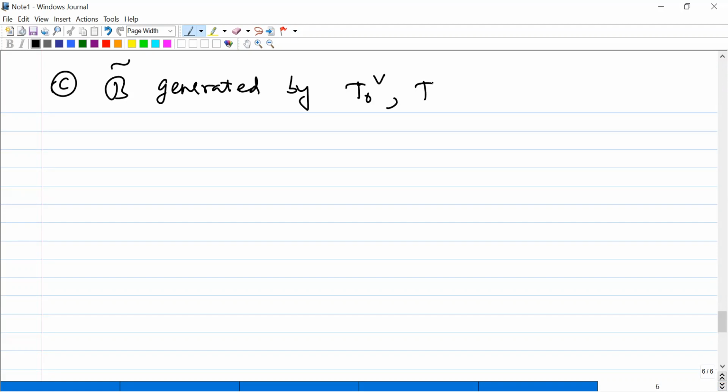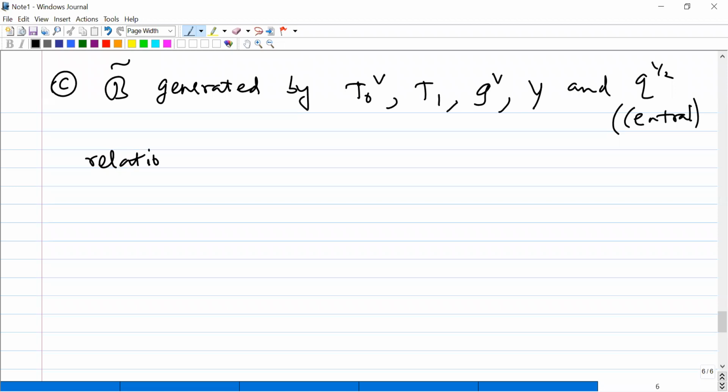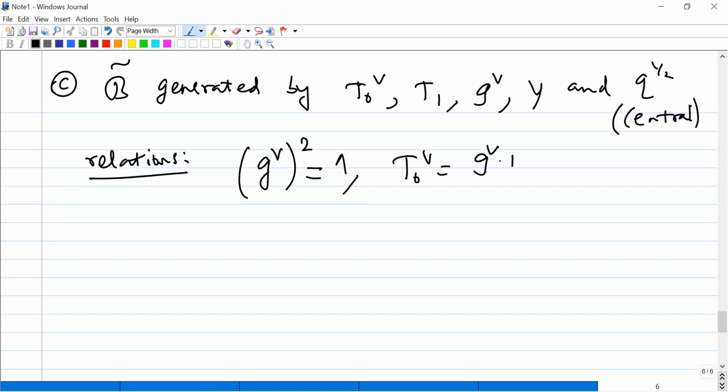T naught check, T1, G check, Y, and q power of. So this is central. So the relations: G check square is 1 and T naught check is G check T1 G check inverse.